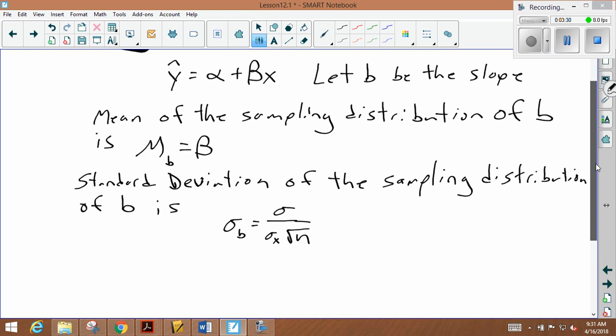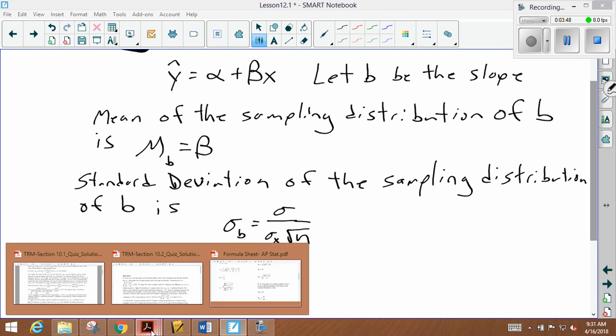So on your reference sheet, there's a very strange version of this, and you can kind of decipher what's what from it as we go on. I'll bring up your formula sheet here.